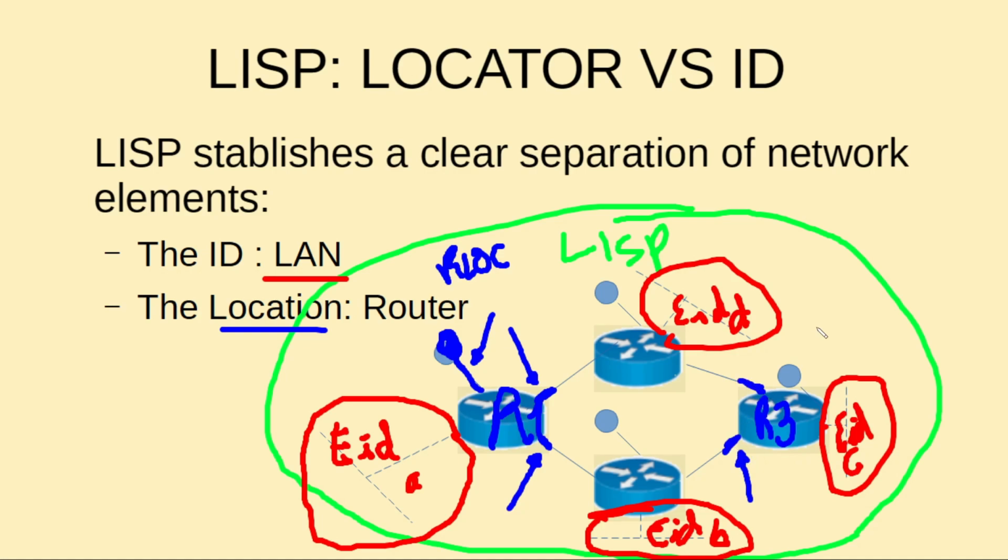We could use this other IP address as RLOC, or we could use the IP address that belongs to the loopback interface connected to router 3 in order to reach EID C. So that is the difference between locations and IDs, or more specifically between RLOCs and endpoint IDs.